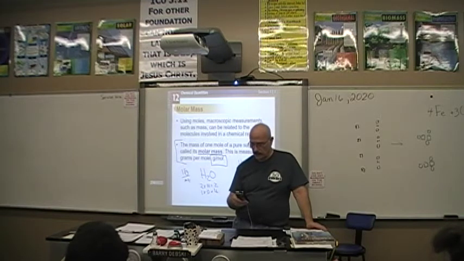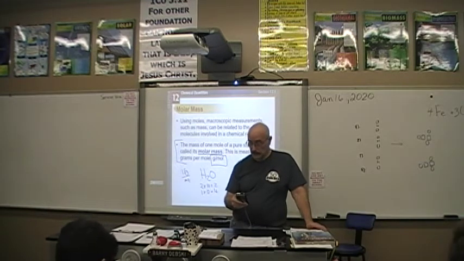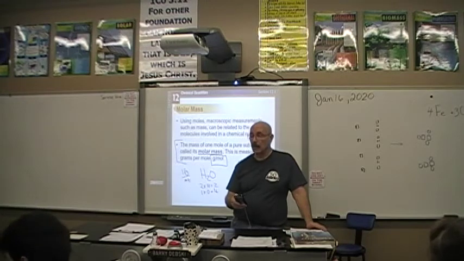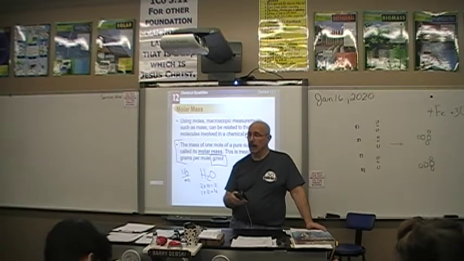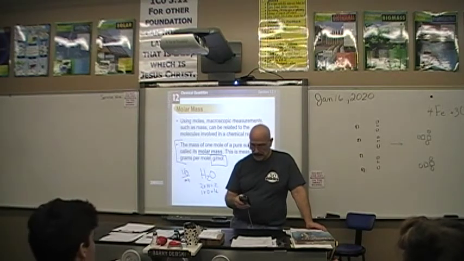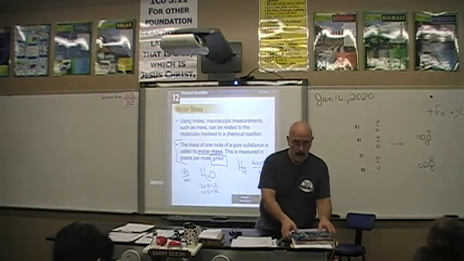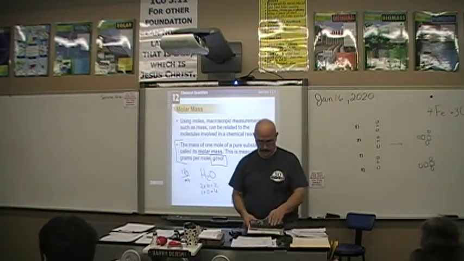So you're going to write CH4 plus O2 produces, arrow, CO2 plus H2O. Then you're going to balance.